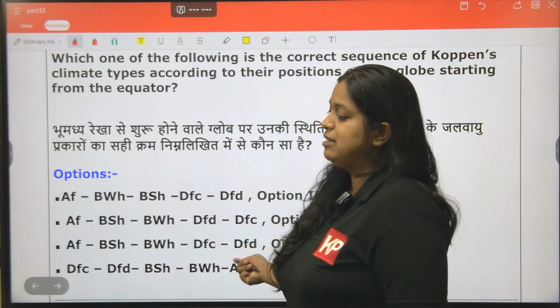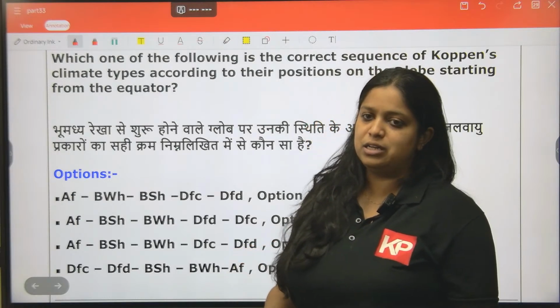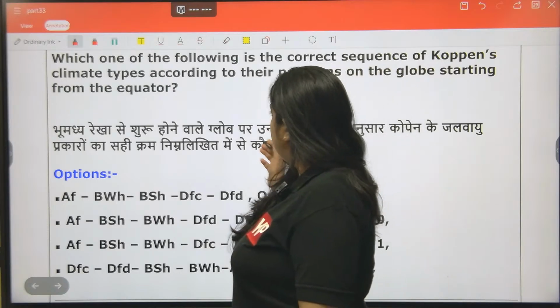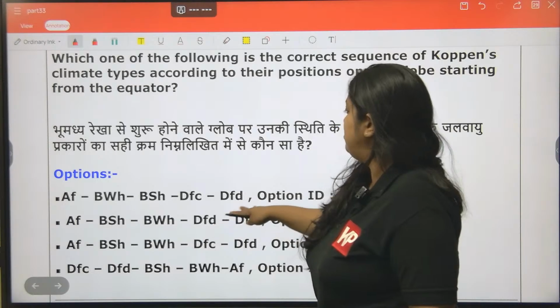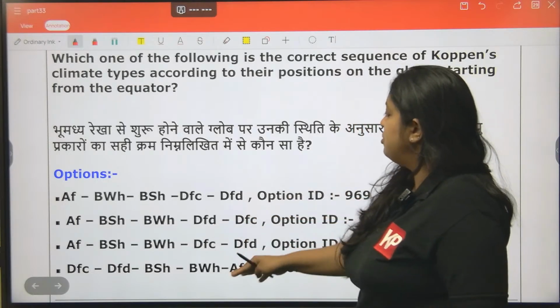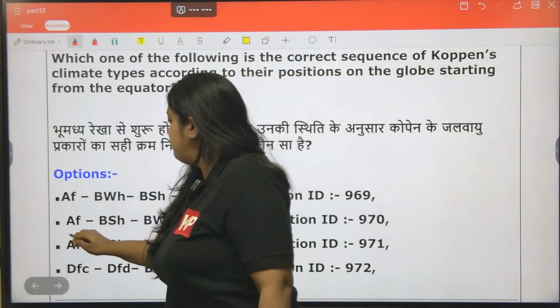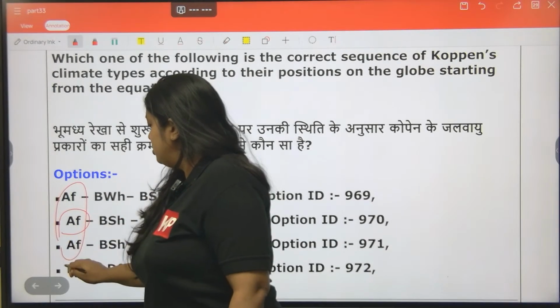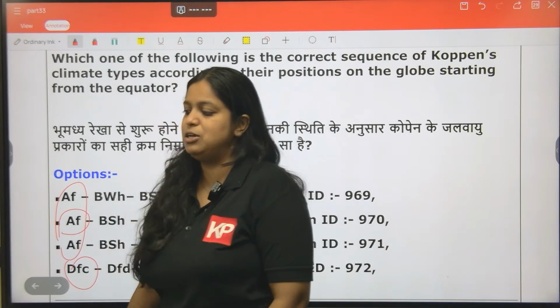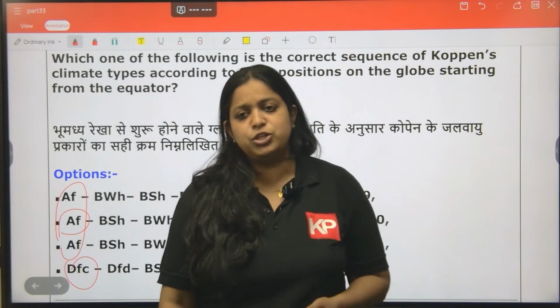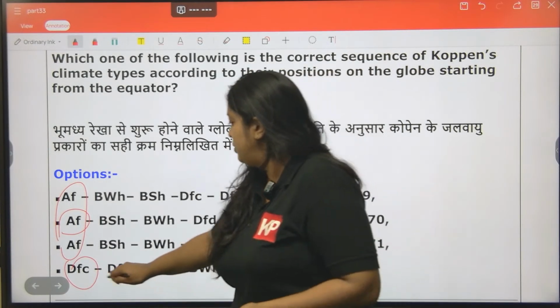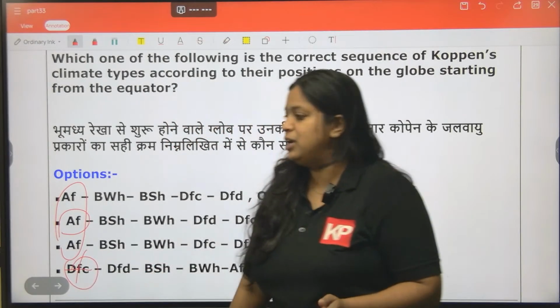Dfd indicates extremely cold subarctic climate. Starting from the equator, obviously it should start with Af, because Dfc, the extremely cold subarctic climate, does not exist across the equatorial region. So this is not possible, and option D is anyway wrong.